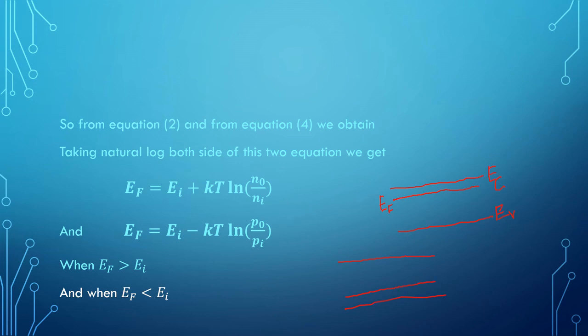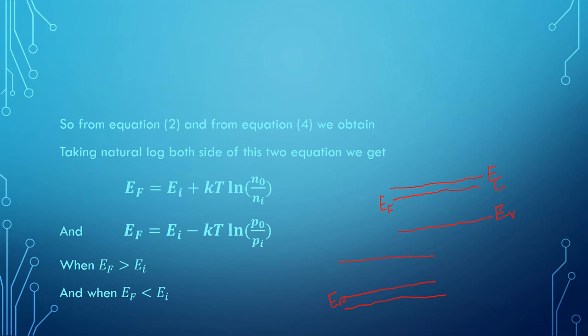For a p-type semiconductor, we know the hole concentration is less than the intrinsic concentration, so the Fermi level lies near the valence band edge.